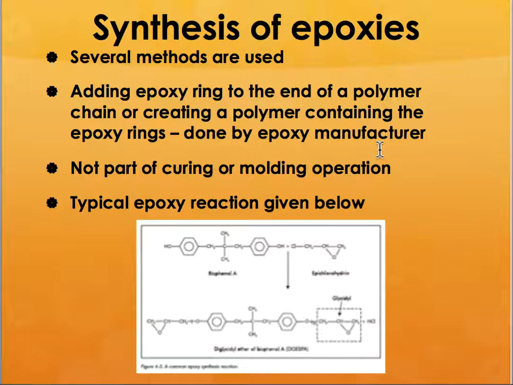But this part of the synthesis is not part of the curing or molding operation. The typical epoxy reaction is given below. I don't want you to go too much into depth of this, but just understand that this synthesis is done outside of the curing reaction.